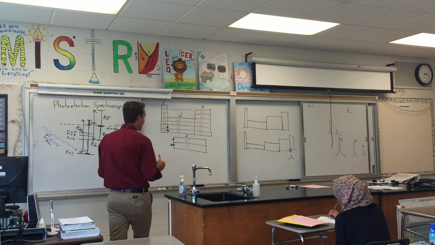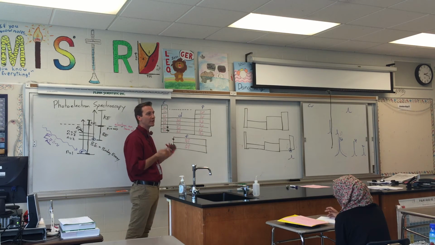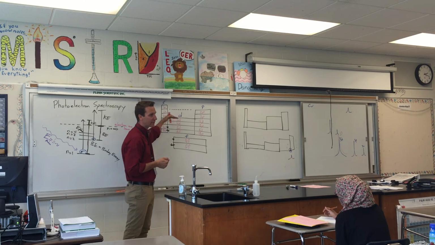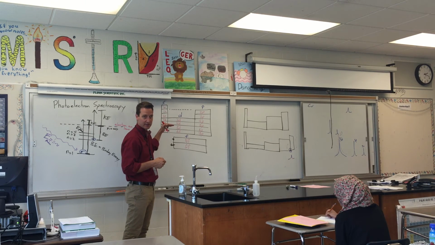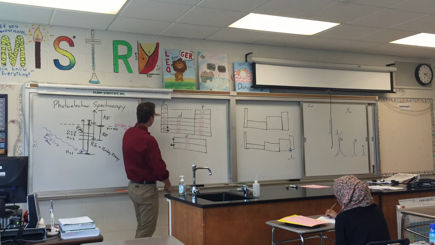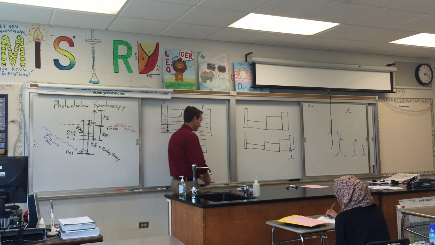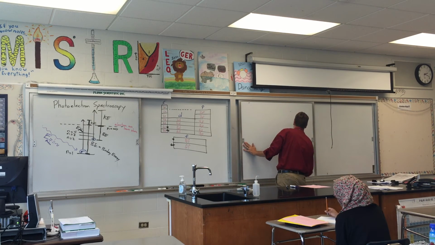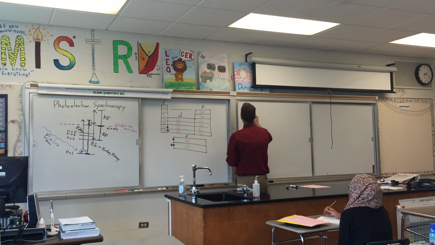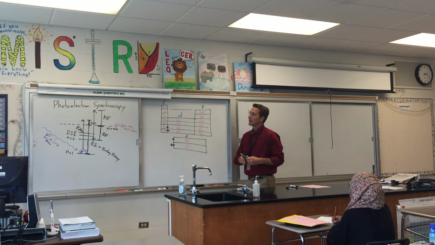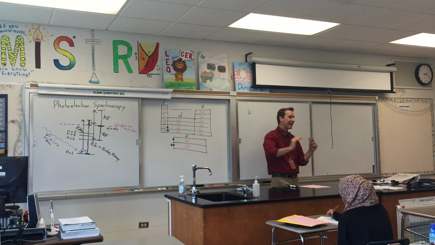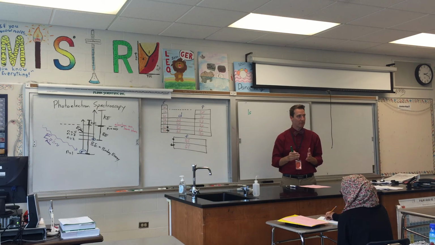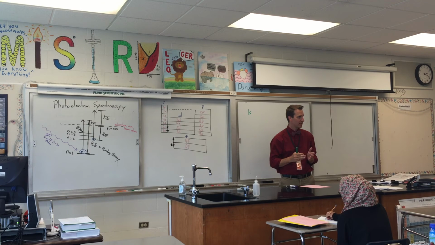Now, if we want to know the full electron configuration for any element, we start at the top and work our way down, reading left to right, just like a book written in English. So if we start, the first thing we hit is the 1s. So if I'm writing an electron configuration, the first thing I should always write is 1s. Another nice thing about using the periodic table is that if you look at how wide the block is, it tells you the maximum number of electrons that can fit into that subshell.